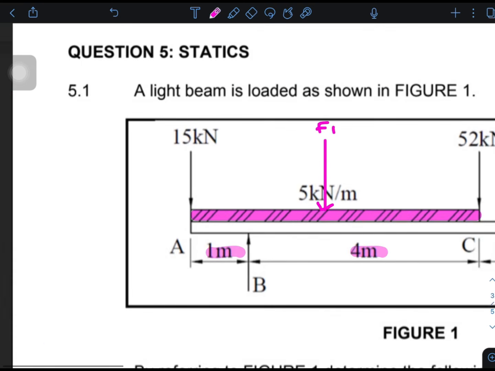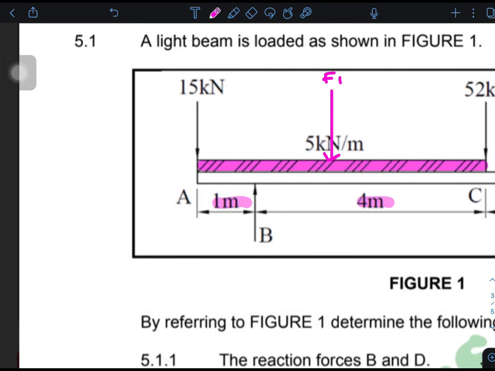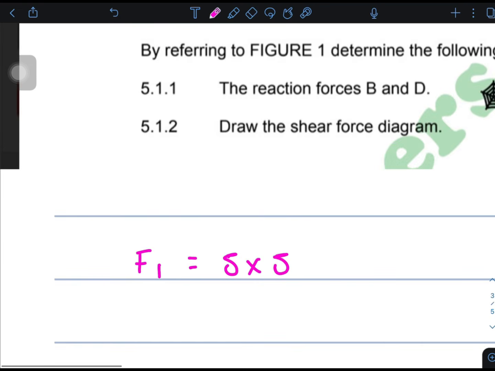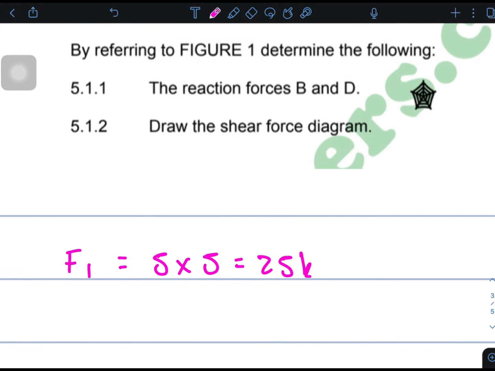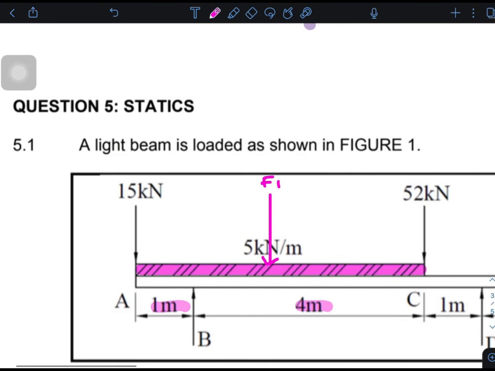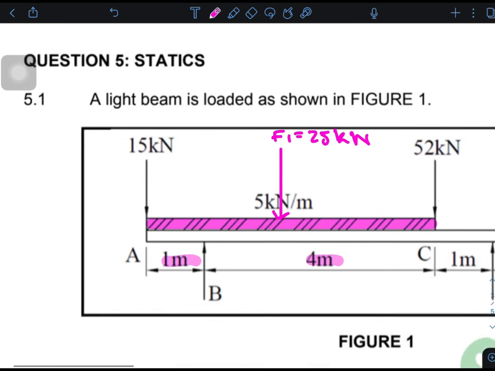The first 5 is the 5 kilonewtons, the other 5 is the distance of 5 meters, which equals 25 kilonewtons. So the uniformly distributed load represented as a concentrated load at the center is 25 kilonewtons.